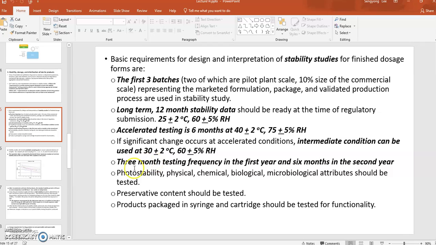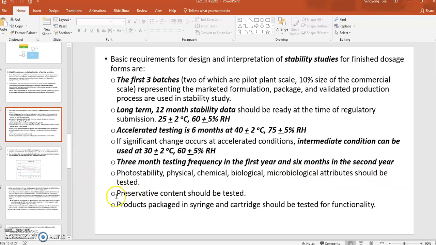Okay. And your drug may be susceptible to strong light. That's what photostability means: is your drug stable under strong light conditions? Physical, chemical, biological, or microbiological conditions, all those things should be tested.